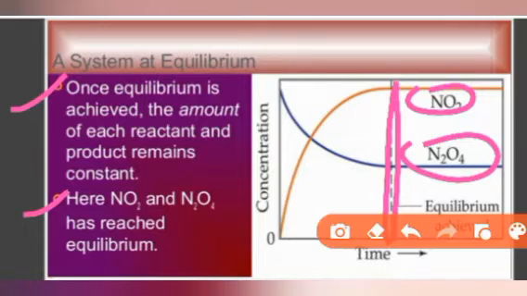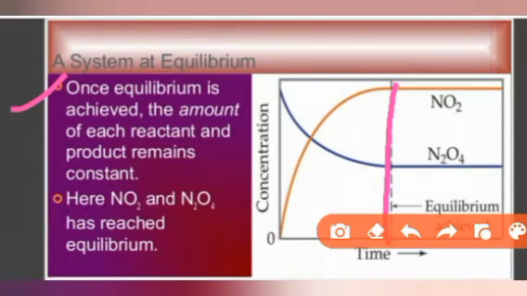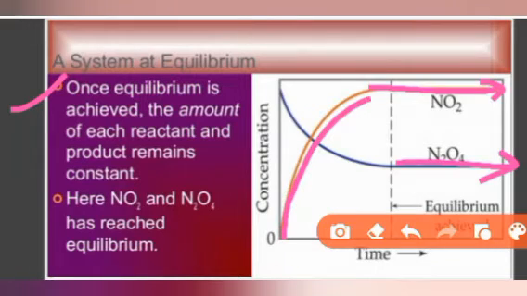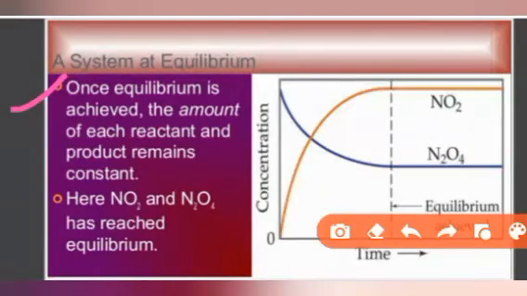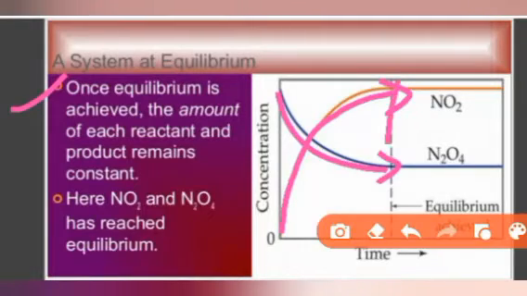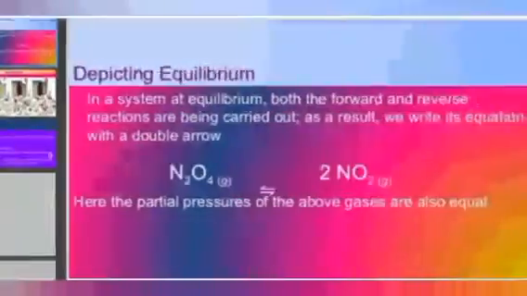After that you can see it is not going to change, it will remain constant. Up to here it is changing. You can see NO2 is increasing toward product and N2O4 is decreasing toward reactant. But one stage will come after which it will remain constant. That stage is called the equilibrium stage.